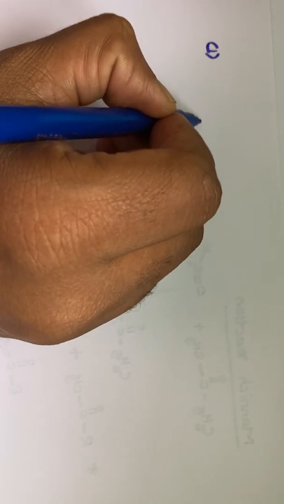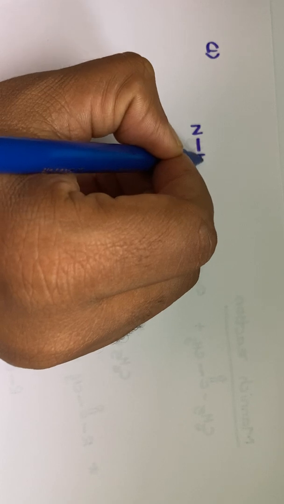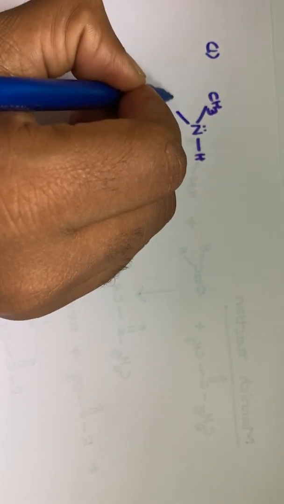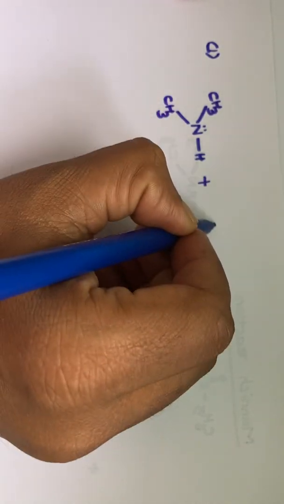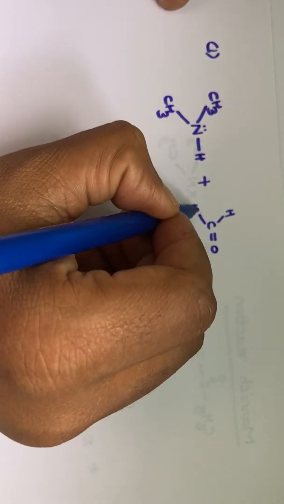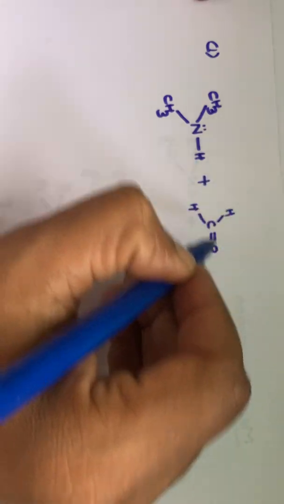Formaldehyde in presence of an acid catalyst condenses with amine to form an iminium cation. First the secondary amine that you are going to take, that is NH, methyl group, and formaldehyde, double bond OH.